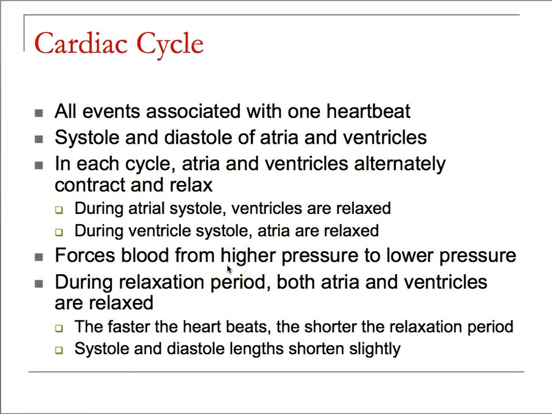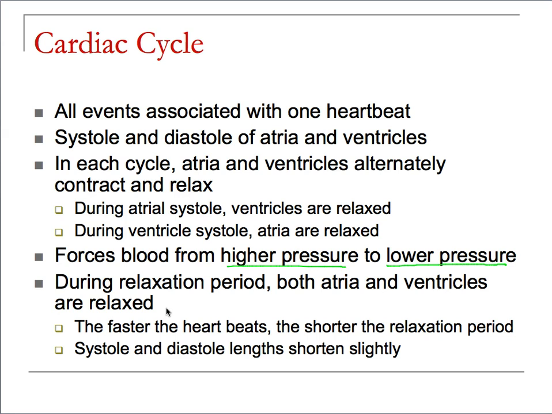Regardless if we are in the atria or inside the ventricles, if that muscle contracts, you should increase pressure. When the muscle relaxes, it's going to decrease pressure inside that space. Okay? During the relaxation period, both atria and ventricles are relaxed, meaning at the end of the entire cardiac cycle.